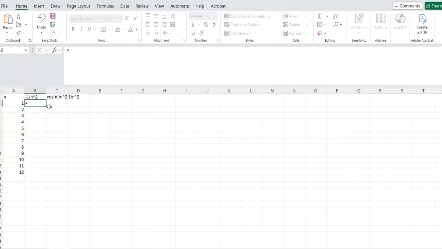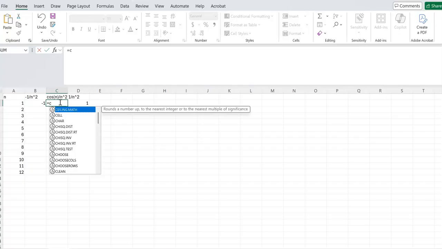So this is going to be negative 1 divided by n squared. This is going to be positive 1 divided by n squared.